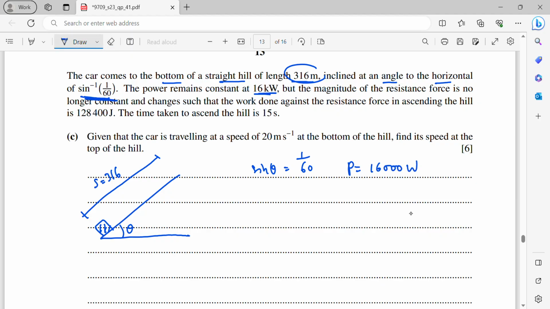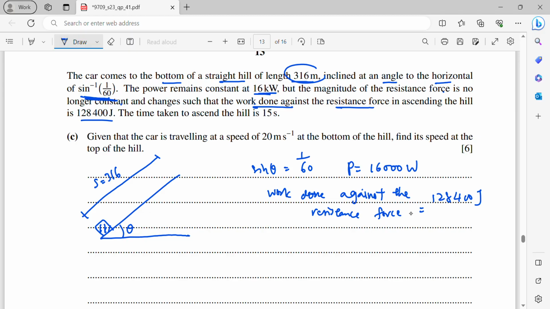But the magnitude of the resistance force is no longer constant and changes, such that the work done against the resistance force in ascending the hill is this. So this is the work done against the resistance force, equals 128,400 joule.